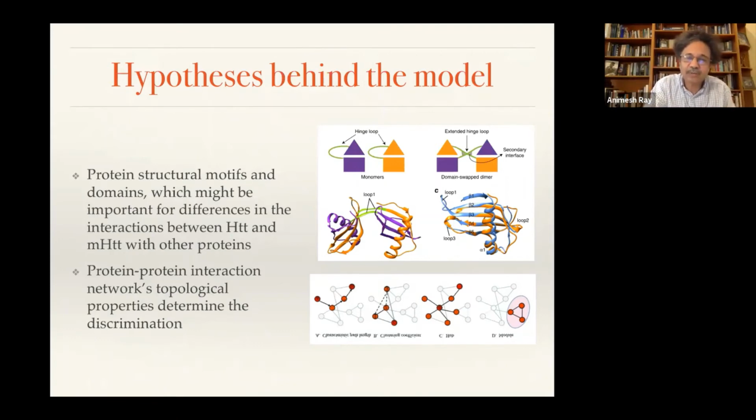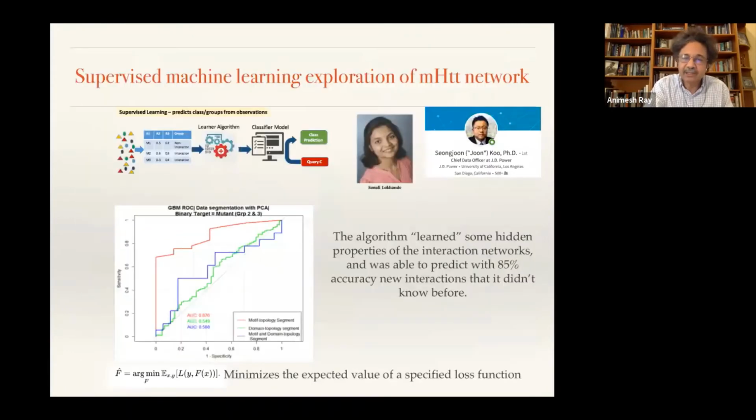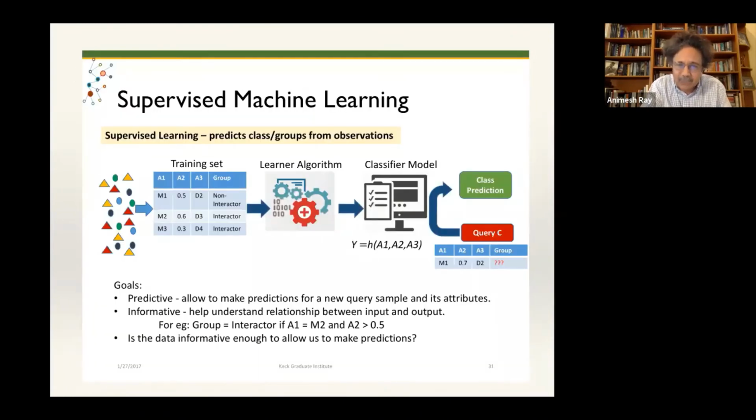So with these two hypotheses in mind, Sonali trained a large number of supervised machine learning algorithms. And to do that, you need a feature vector that has something to do with the features of the structural motifs and domains and features of the topological parameters of the protein-protein interaction network.